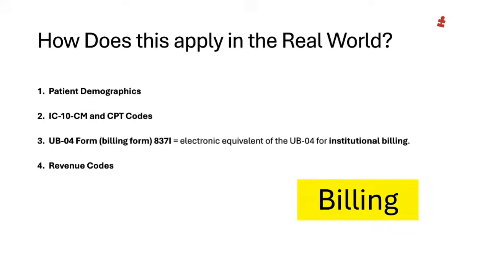This is the universal billing form for facilities. Sometimes they call it Form 8371. And you're also going to need to know about revenue codes. So that's what the biller does.